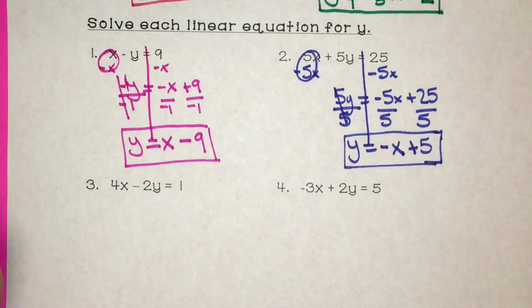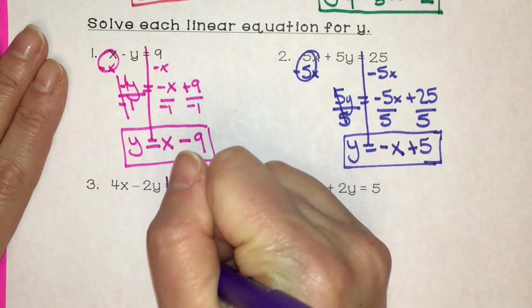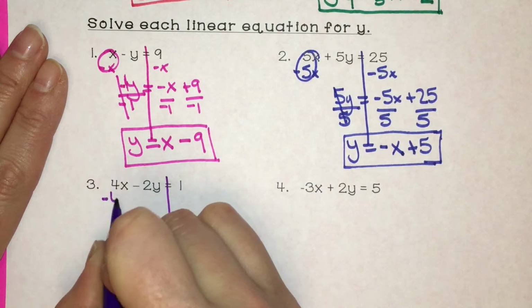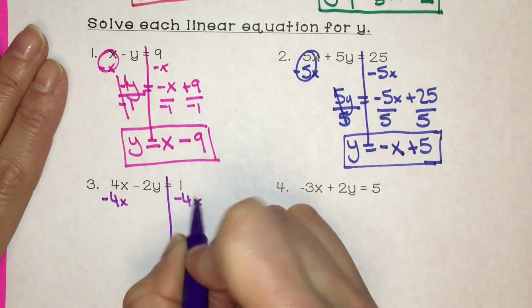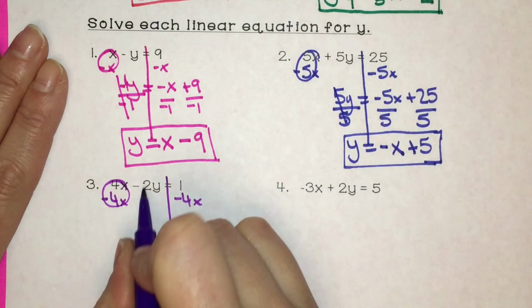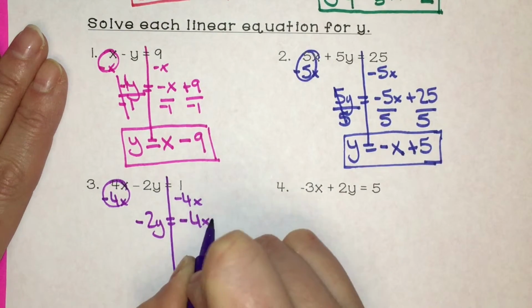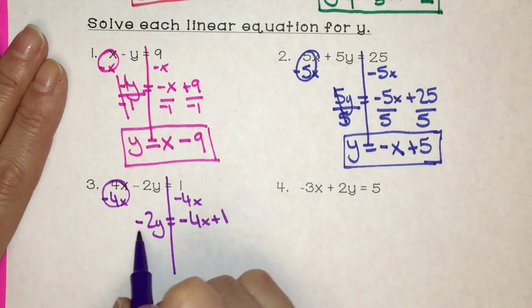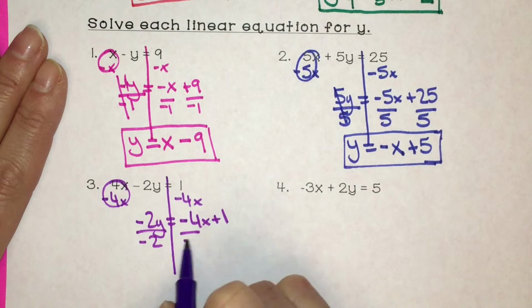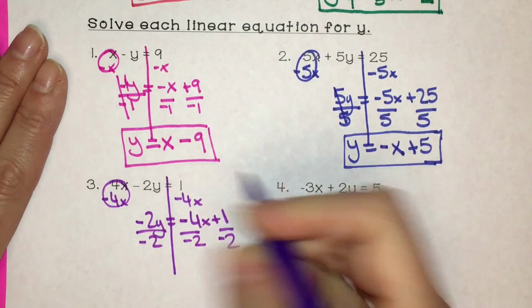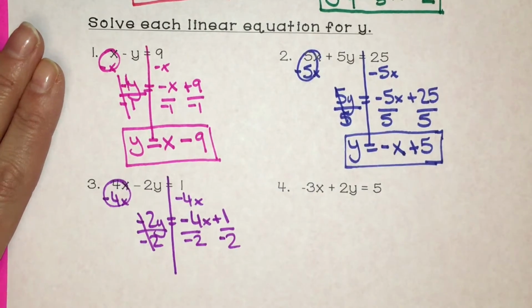All right, next we're going to get rid of that 4x by subtracting 4x on both sides. 4x minus 4x is 0. Negative 2y equals negative 4x plus 1. Here I need to divide everything on both sides by negative 2. Negative 2 divided by negative 2 is positive 1.